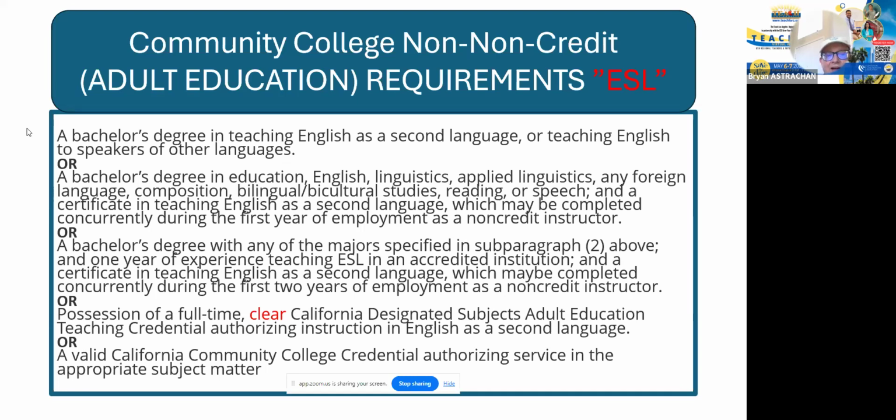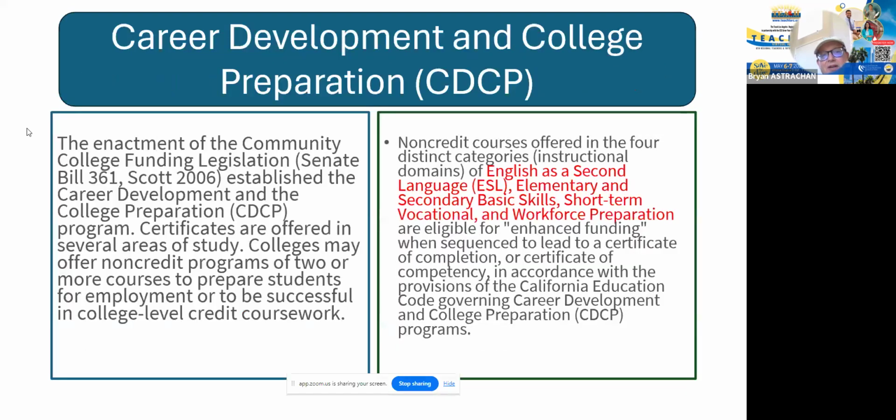However, if you have a California clear teaching credential, it may be one of the ways that you can obtain a teaching position. So the term clear, what that means is that the individual has been teaching a while and has completed all the coursework. And you'll learn more about that. But that coursework goes over teaching fundamentals, how to teach, lesson plans, course outlines, all kinds of stuff. And again, that's one way to meet the requirement.